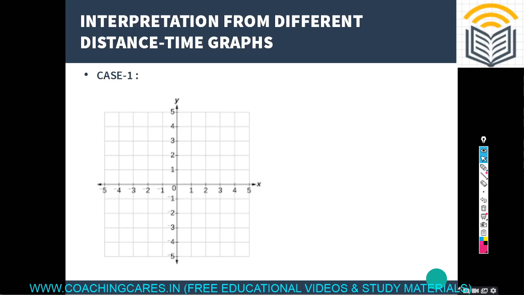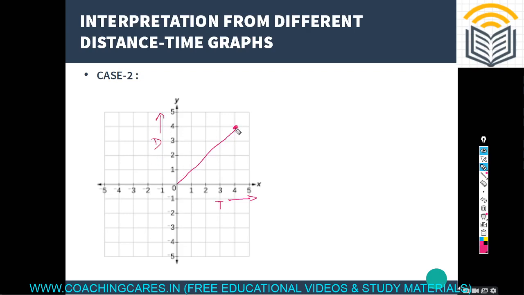Now I'll take another example, case 2. Under this, suppose I have a graph plotted like that. The x-axis is time, the y-axis is distance.